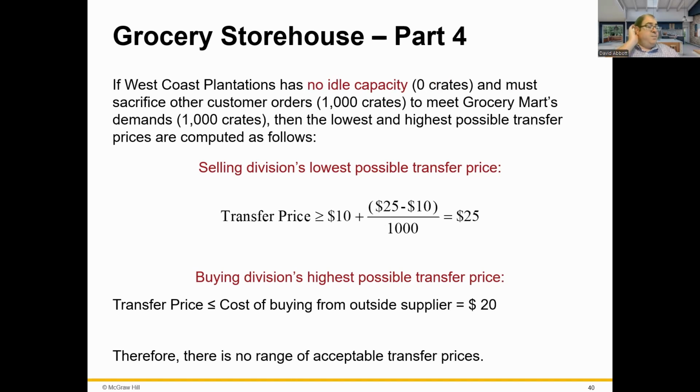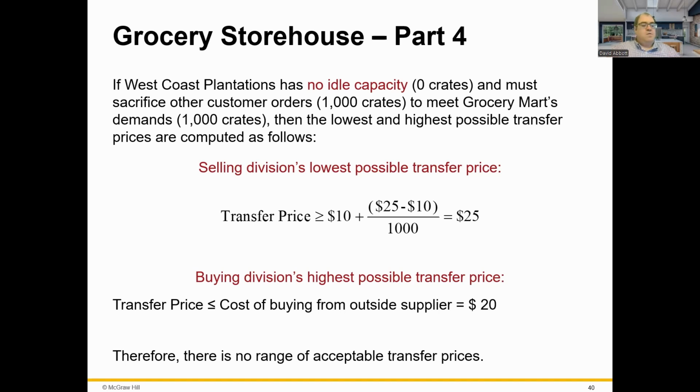Now, if WCP had no idle capacity and must sacrifice other customer orders, so they have to give up an order of 1,000 crates going to one customer in order to fulfill it for their own internal customer, then the lowest and highest prices would be as follows. The lowest acceptable transfer price by the seller would be 25, and the highest acceptable price for the buyer would be 20.